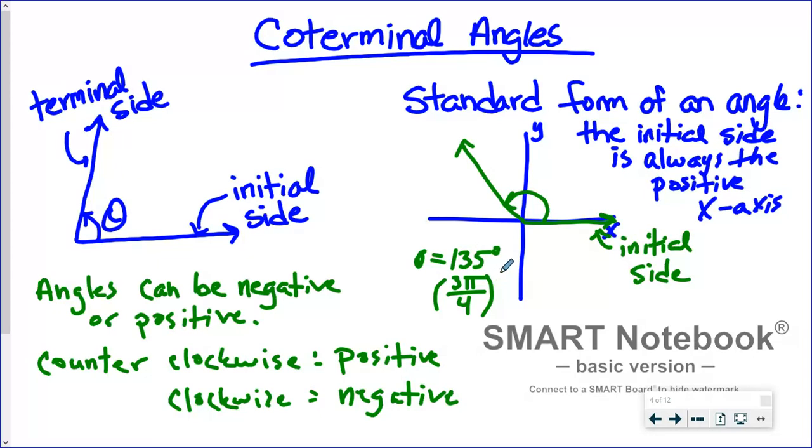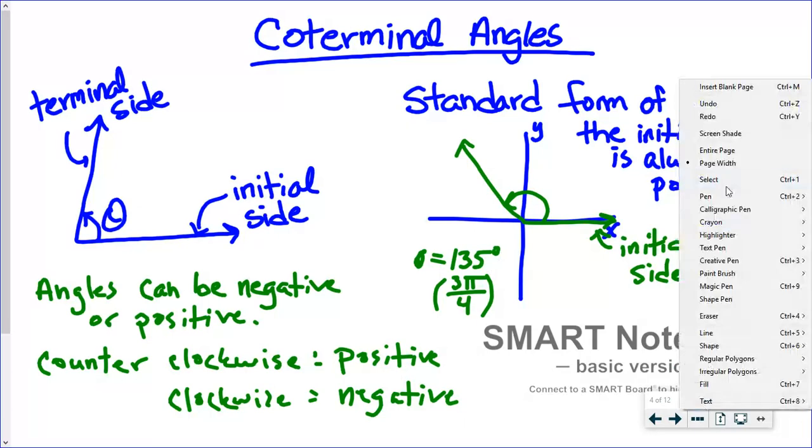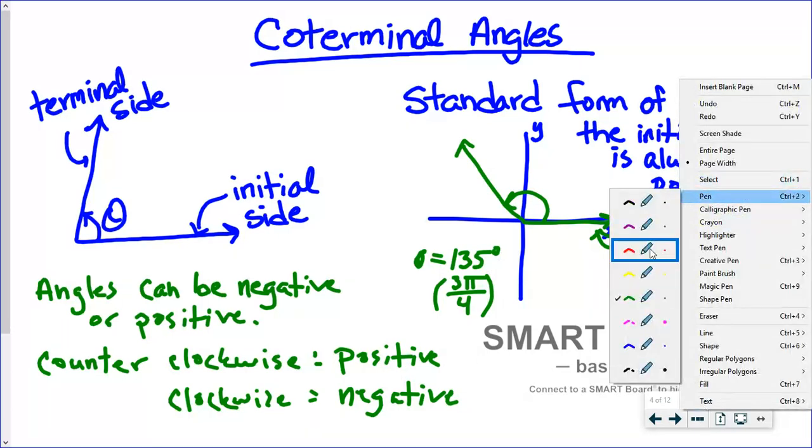Eventually we'll get a lot better at that, and we'll talk about the unit circle tomorrow, which we'll get into a lot of these angles with a lot more specificity.